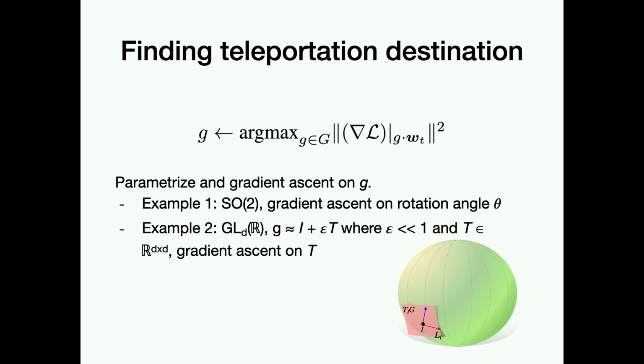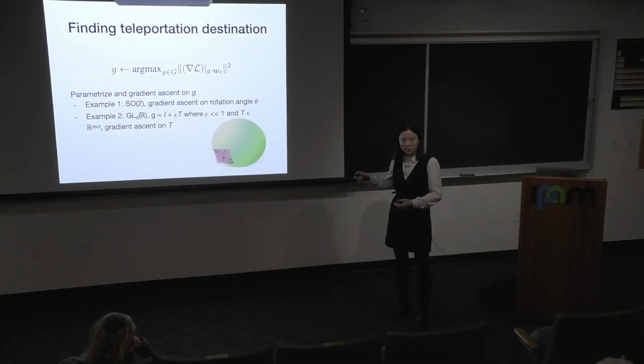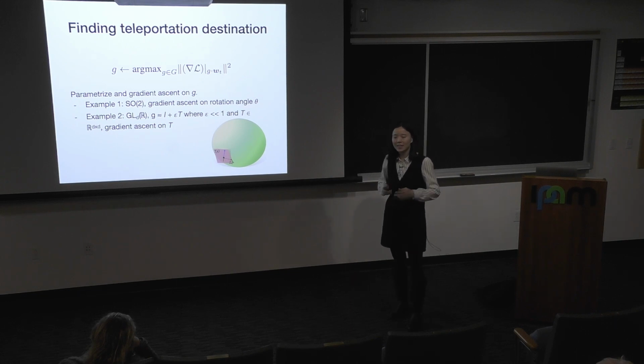So for a continuous group, we can parameterize the group via the Lie algebra, and in practice, what we implemented is a first order approximation of the algebra. Again, because it's a continuous group, we can do gradient descent on this manifold of group elements. Does that answer your question, Kyle? Okay.